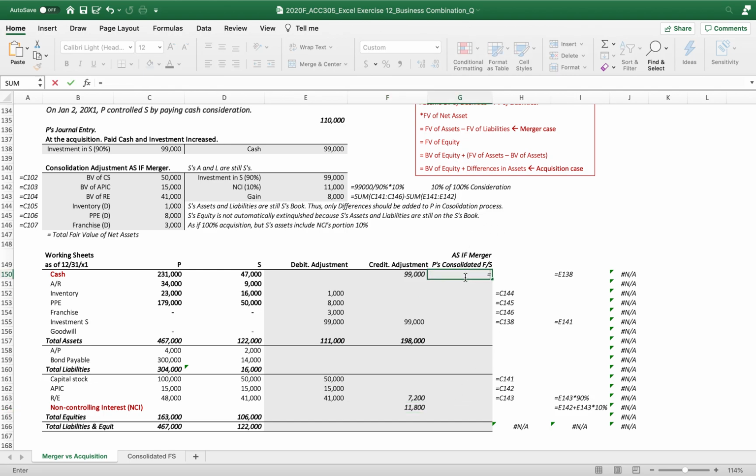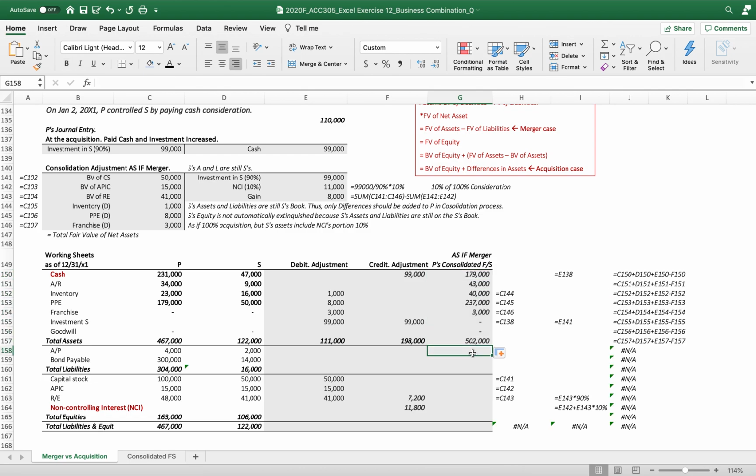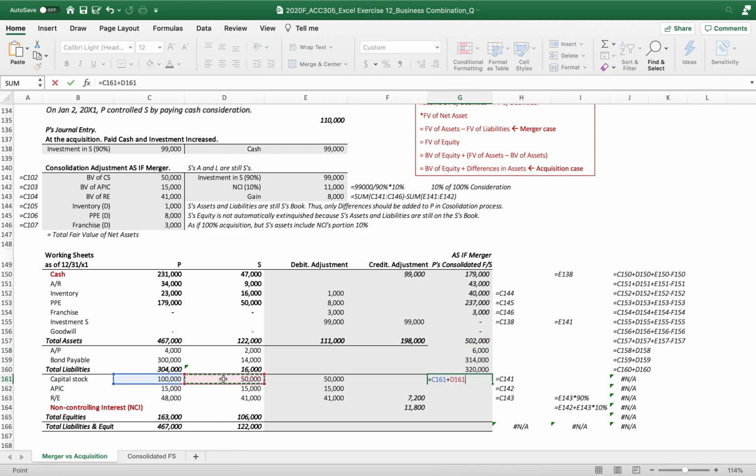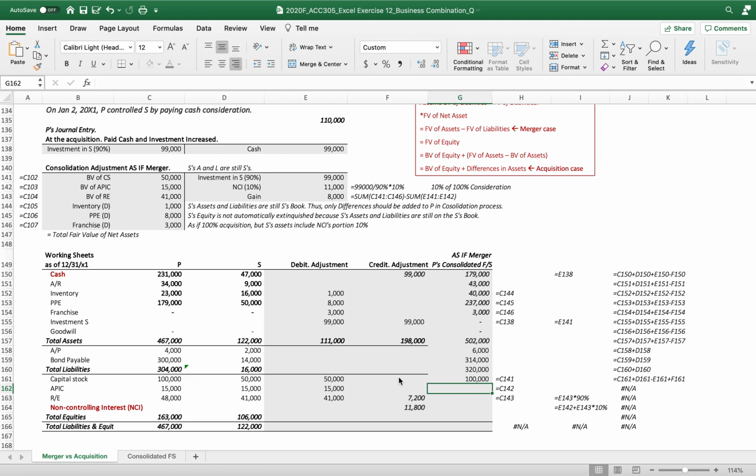So let's combine P and S for the asset account: increase debit, decrease credit. So we got it. Then there is no adjustment on the liability. Increase like this. Then for the equity, you have to be careful, minus the capital that was manually removed, and plus this credit.